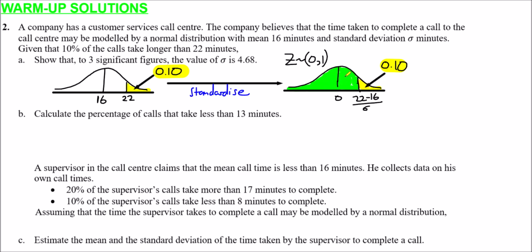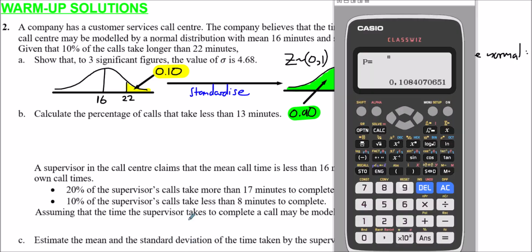So that's our first step. And because that's 0.90, then we're going to use the inverse normal function. So we need the Z value for what would give a probability of 0.90.